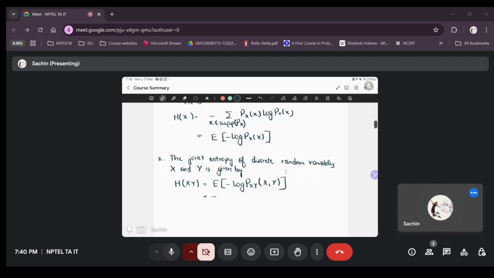When you write that out, it is the negative of the sum, for all x, y in the support of the joint distribution, of p xy of x comma y log p xy of x comma y.